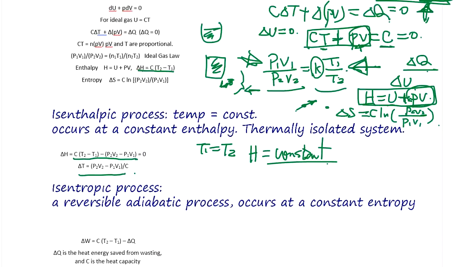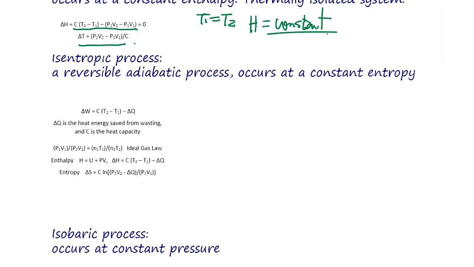The isentropic process is the reversible adiabatic process that occurs at a constant entropy. What does it mean? The adiabatic process is reversible.